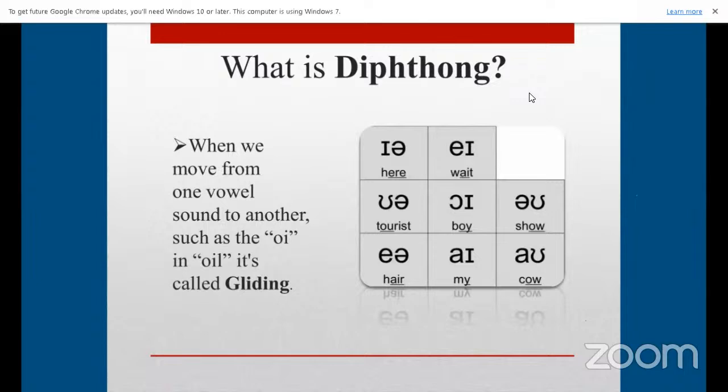Yes, that's better. You can do audio also, good if it is possible. The other one is monophthong. How should we pronounce it? Let me tell you, it's monophthong. Monophthong and diphthong.